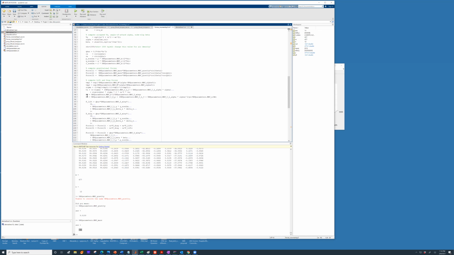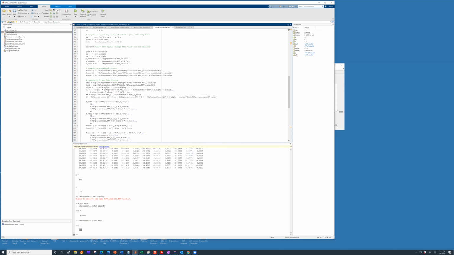Look at these equations for lift, drag forces, and moments. If you look at the textbook, these equations are also given in the textbook. So please make sure that I have not made any mistake in sign. And you can look at these equations.